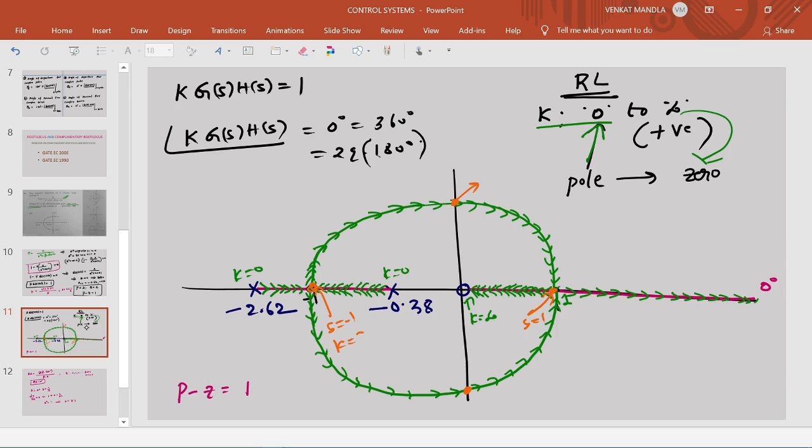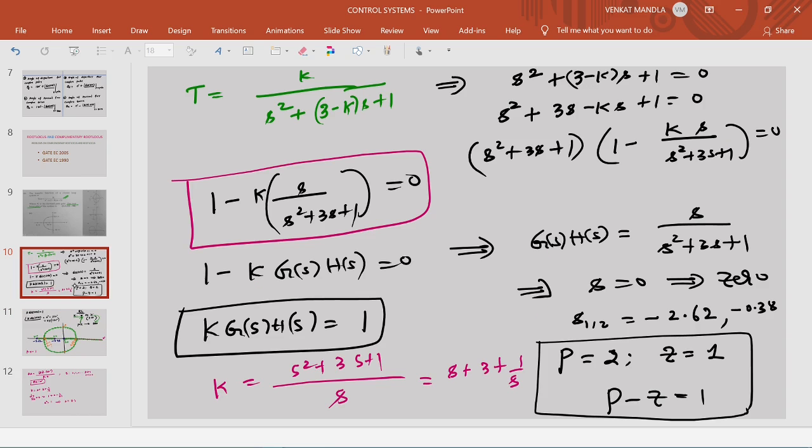What is k? These gains are found by using the magnitude criterion. What is the magnitude criterion?